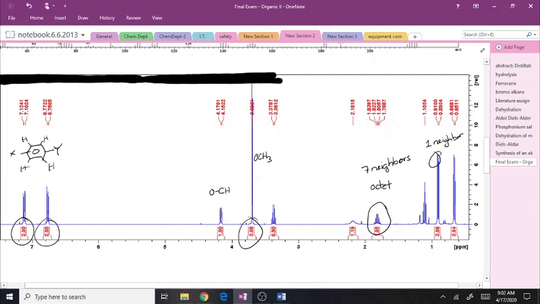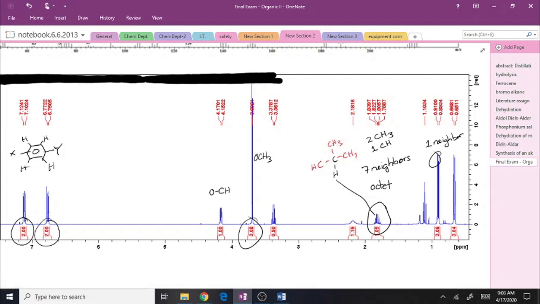Well, there's several options. You could have the likely one, 2 CH3s and 1 CH would give you 7 neighbors. So you have something like this, and this is the peak here, and it's bonded to 2 CH3s and a CH, and that would give it the 7 neighbors.